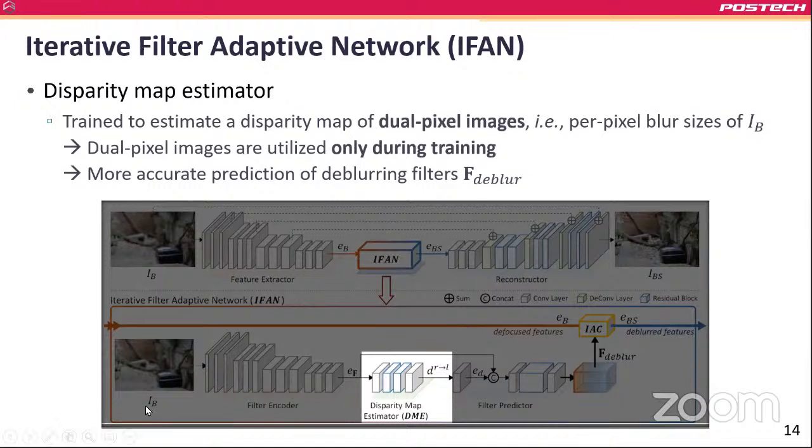Then we use the stereo images for training our network. Here in our network, we have a disparity map estimation module, and here we estimate the disparity, which is related to depth, and also related to defocus blur size. By having this disparity map estimation, we can have a more accurate prediction of the deblurring filter.